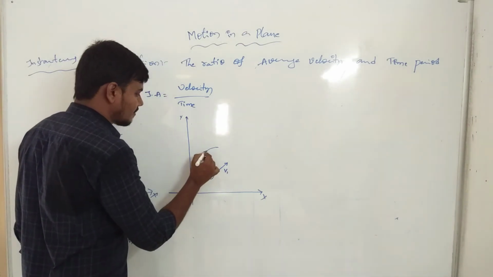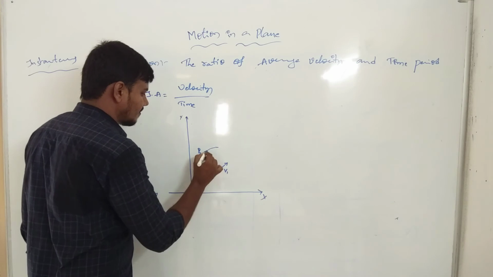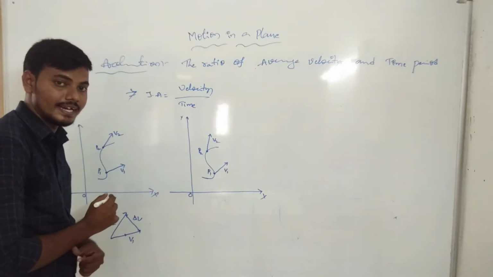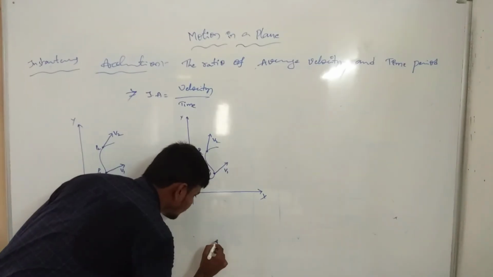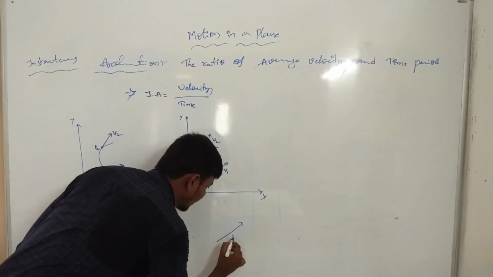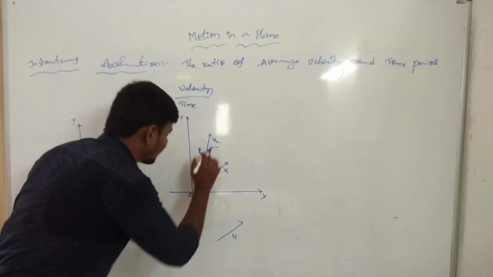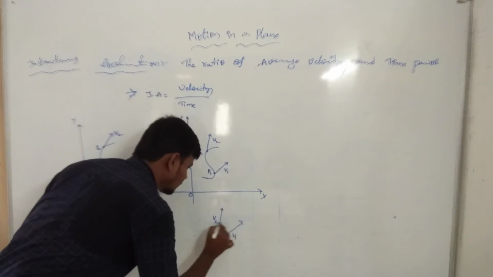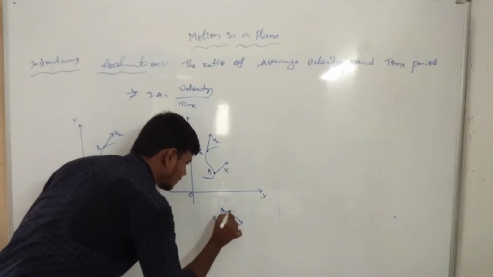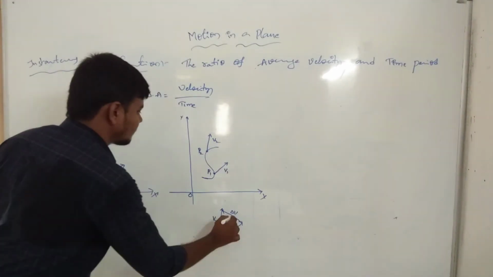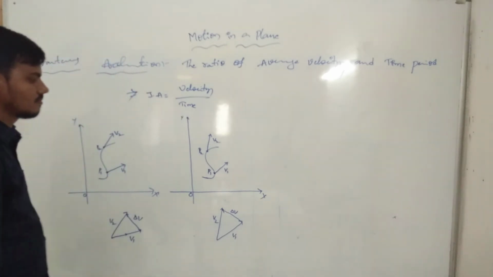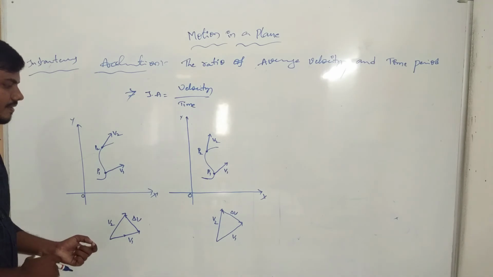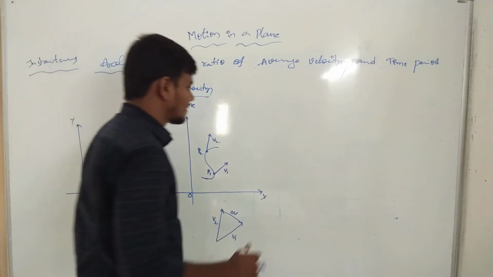For example, this is the P2 position, velocity V2. In head and tail method, now velocity V1 and this one is velocity V2. Delta V. Here, the shortest one we can take as the secondary one. And the last one, at instant of time period.